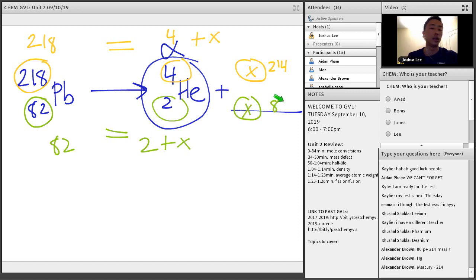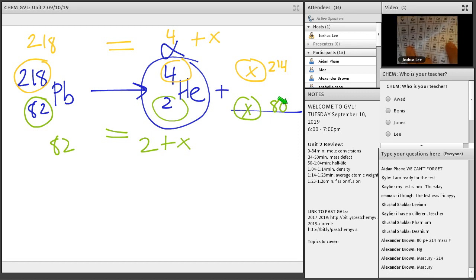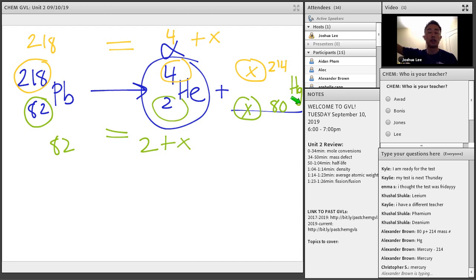Then if you look on the periodic table to figure out which element it is, 80 is, right there, mercury. So you put Hg right there. So really all you're doing is making sure the top numbers stay the same, bottom numbers stay the same.